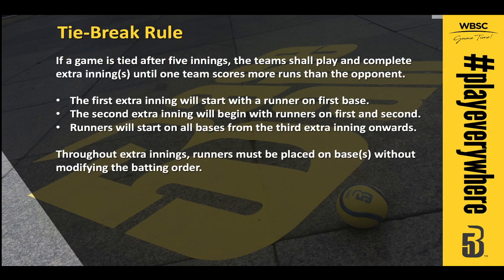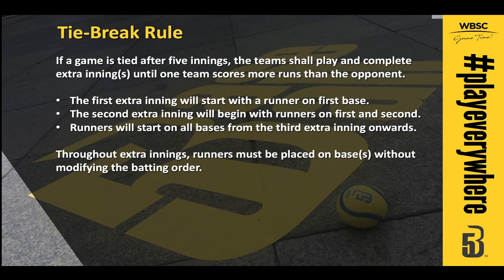The tiebreak rule states that if a game is tied after 5 innings, the teams will play and complete extra innings until one team has scored more runs than their opponent at the end of the extra inning. In the first extra inning, both teams will start with a runner on first base.